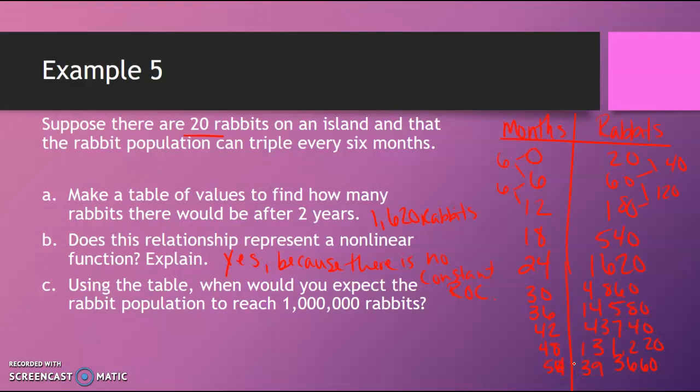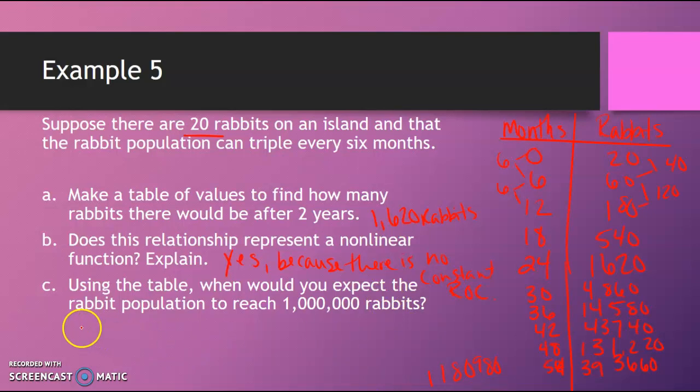And then I'm going to take that 393,660 times 3. Now we have 1,180,980, and that is after 54 plus 6, 60 months.